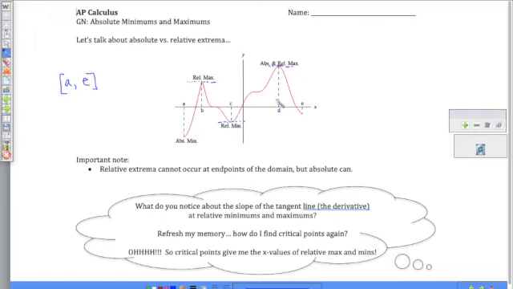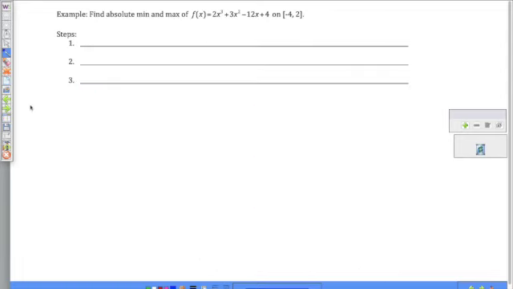If I set a derivative equal to 0, I'm going to be able to know where on the original function there's a relative max or min. That is super cool. All right, so critical points give me the x values of max and mins, relative max and mins. Very good to know. Okay, I'm going to remember that.